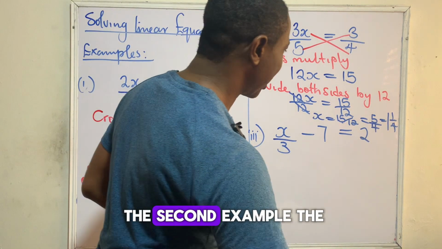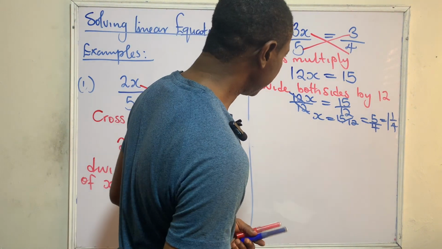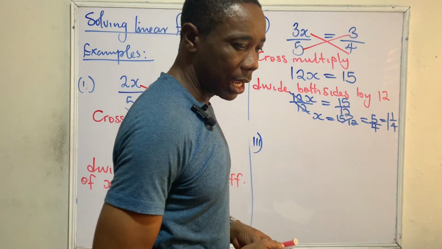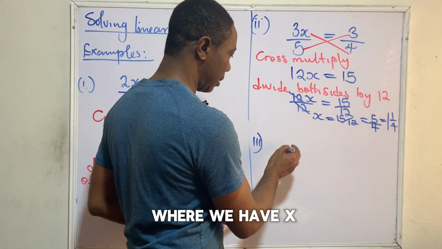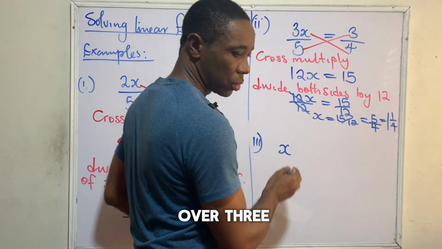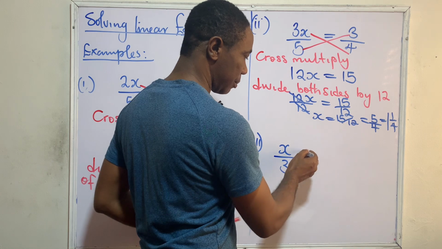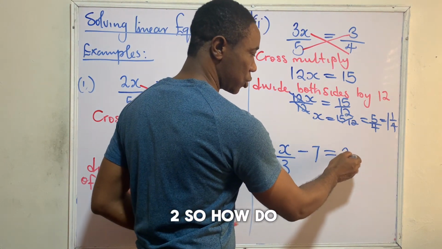So let's look at the third example, where we have x over 3 minus 7 equals 2.